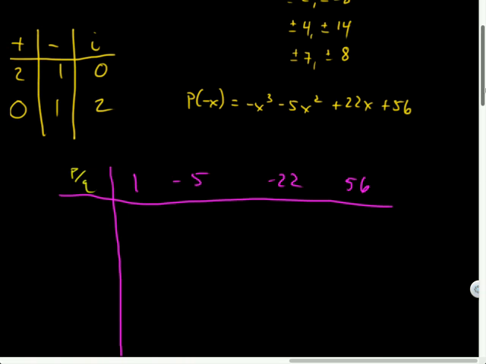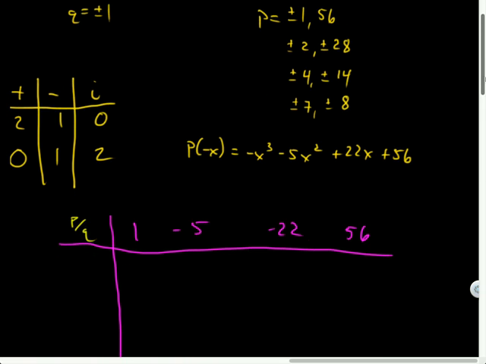What do you guys want to try first from my list? You want to look for positives or negatives? You could flip a coin, it wouldn't matter. Positives, yeah. I guess that'll avoid more sign errors, potentially. And we might as well start with the small numbers, so we'll start with 1.